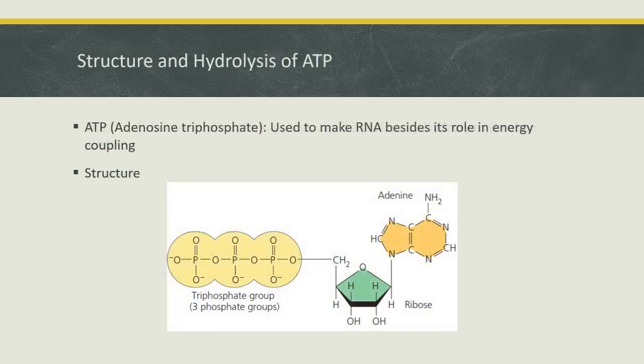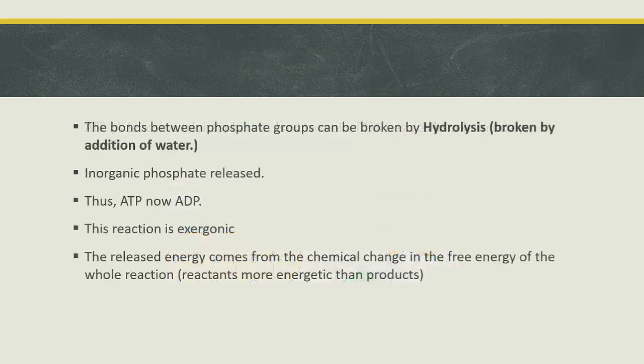Let's go back to the structure so you can see it. There are 3 different phosphate groups, so you can break the bond between one of the phosphates and the oxygen, and then you're going to have a phosphate being released, and that phosphate is called an inorganic phosphate. And then when our ATP loses one of its phosphates, it becomes ADP. T stands for tri, D for di. So it's going to be adenosine diphosphate.